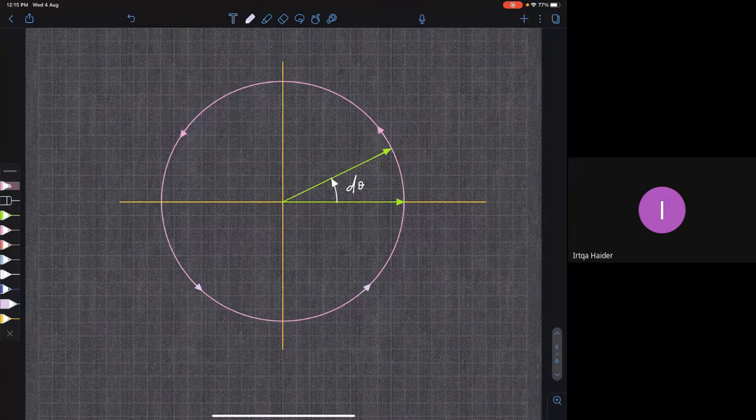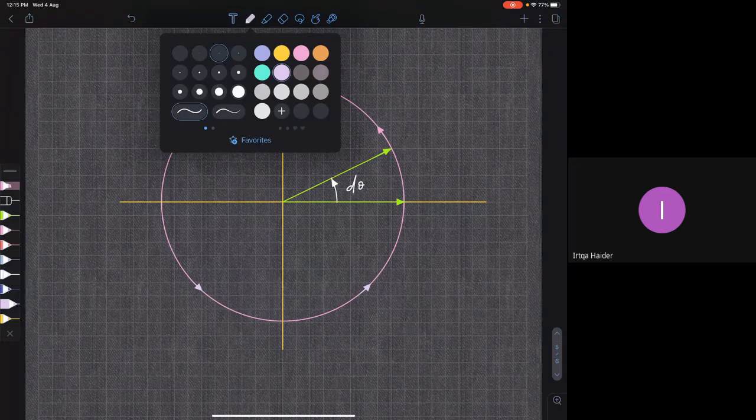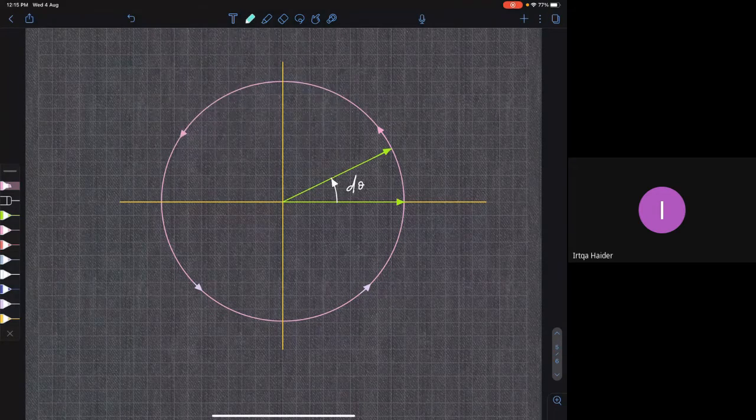Let me take another color. So the particle is going from here to here, right?